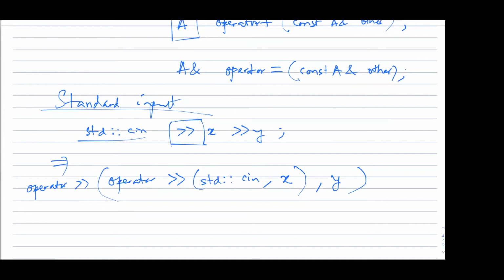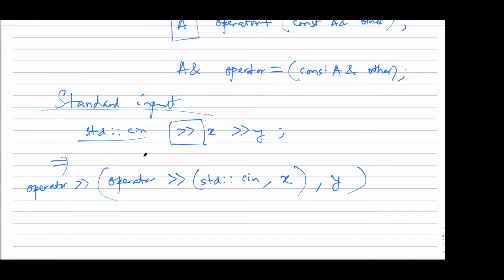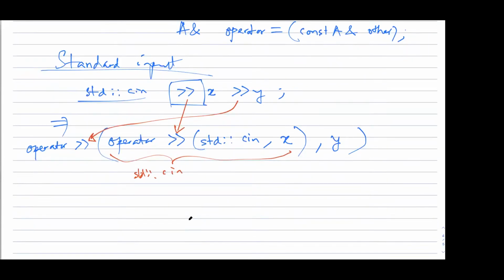So in other words, you can see essentially this x applied here and this one is applied here because that's the order in which we are reading. Therefore, this better return cin for me so that I can progress forward, right?